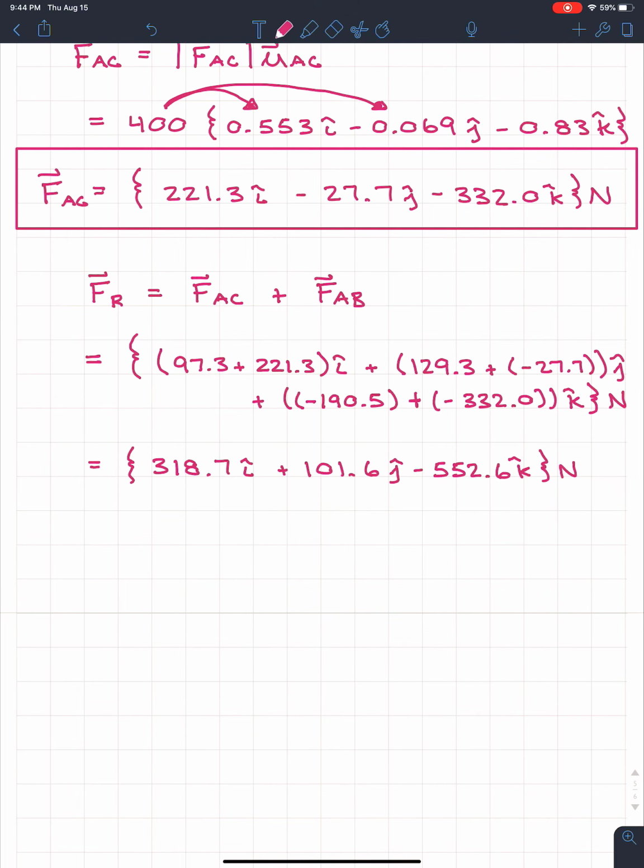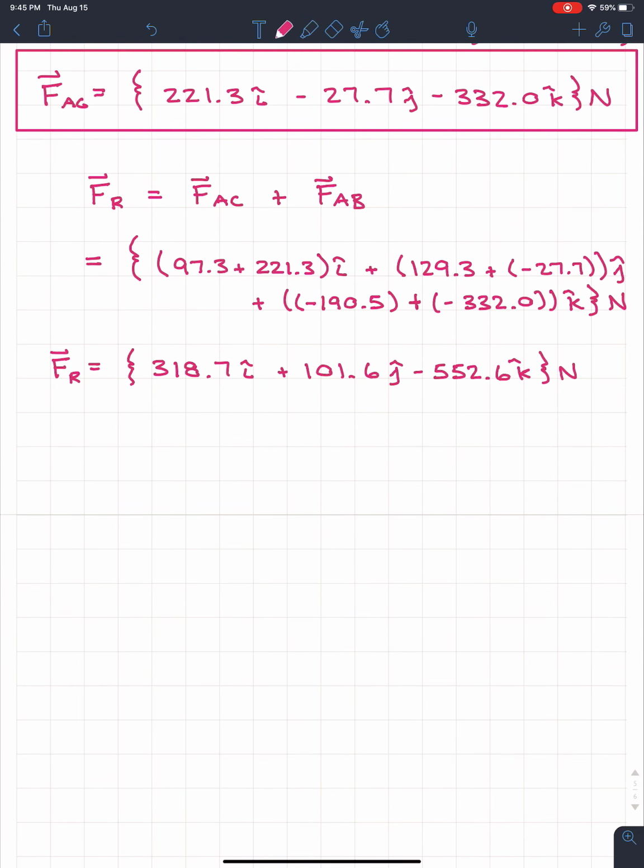Alright. So finally, now that we know the vector FR, we can use its components to find its magnitude. So we know that the magnitude of FR is going to be equal to the square root of all of the components. So we're going to go 318.7 squared, plus 101.6 also squared, plus 552.6 also squared.